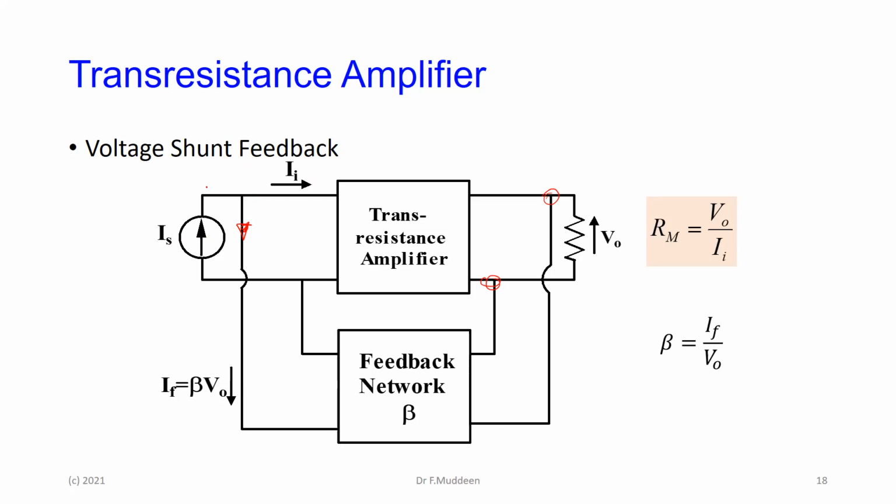Look what is happening here. Once the source current is here, the feedback current has to go here so that it reduces the input current I in. So this is a negative feedback, subtracting from the input current, I in minus IF.